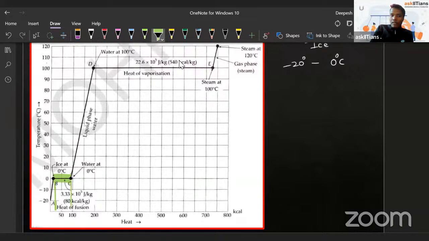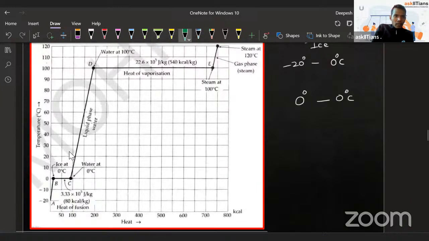Although we are increasing the amount of heat, temperature is not increasing. But what happened during this process? From 0 degrees Celsius to 0 degrees Celsius, you went like this. You can clearly see this is also 0. This is also 0.